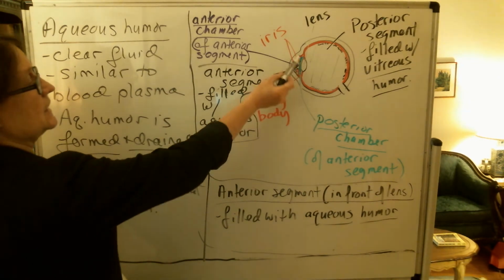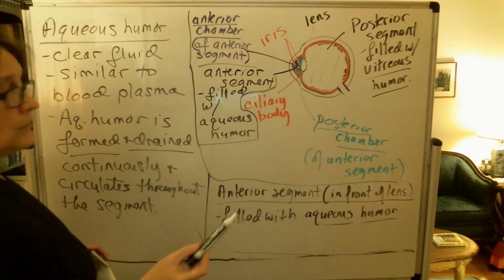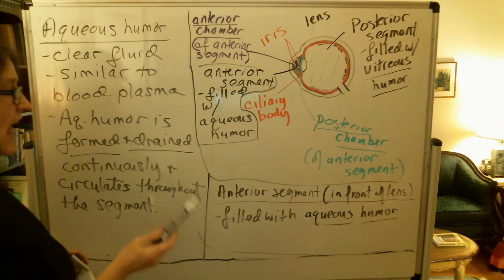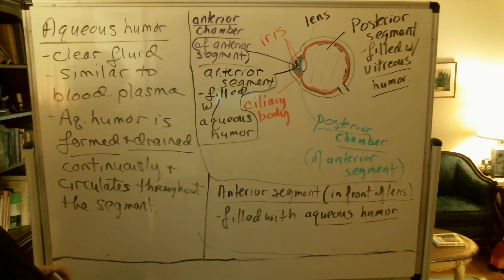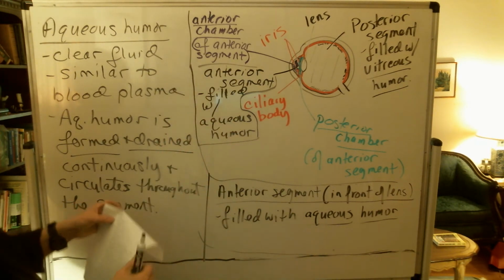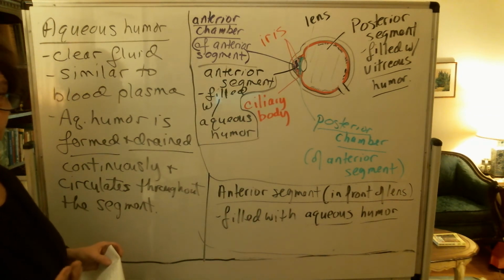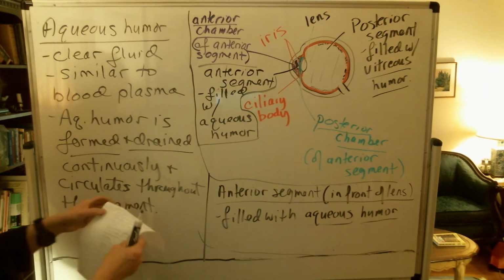So all this area then in front of the lens, we have this fluid that is clear and blood-like, although without any blood cells, and it is busy circulating throughout that entire area. So you have a circulating fluid. Sounds like blood, doesn't it? But without the blood cells.